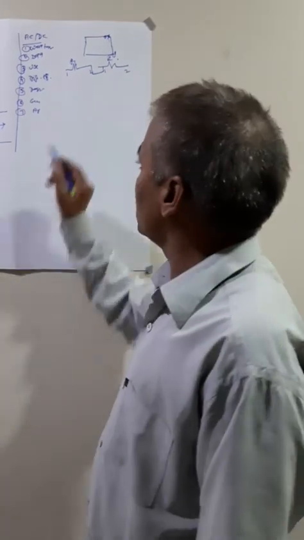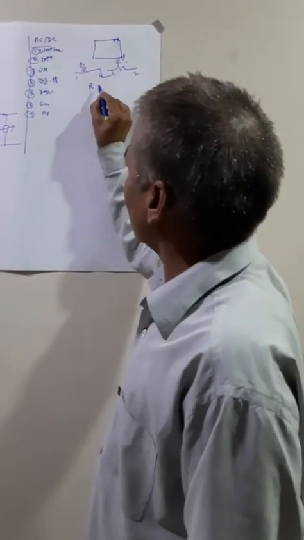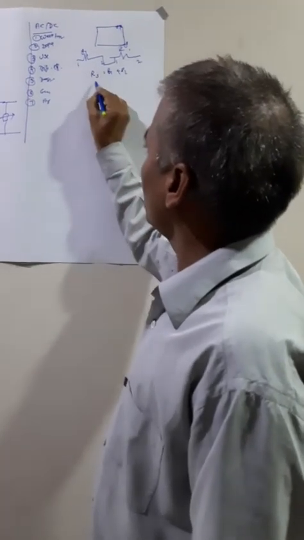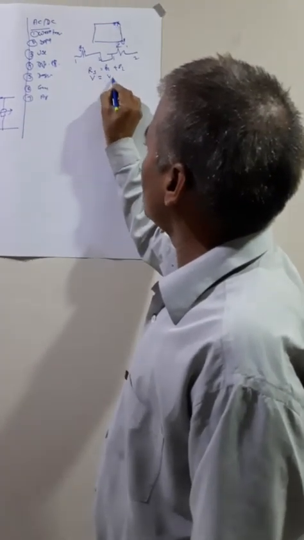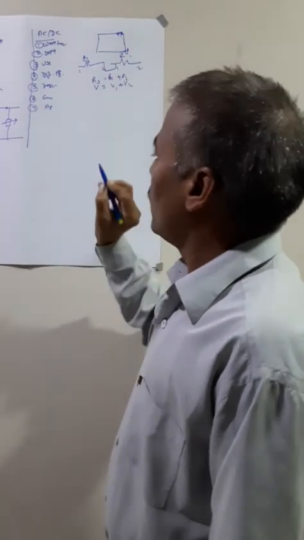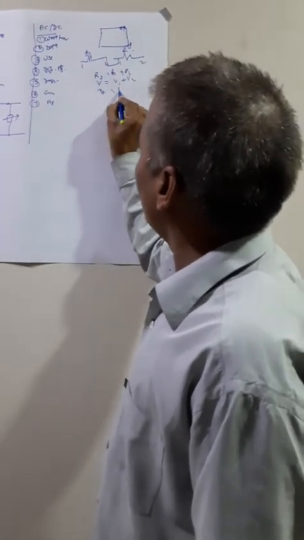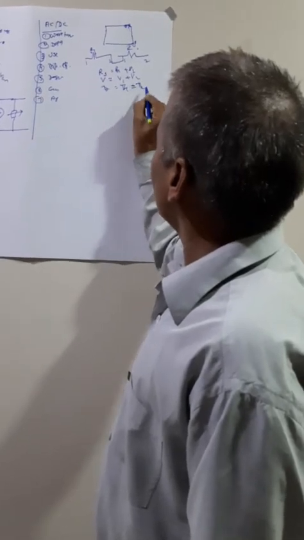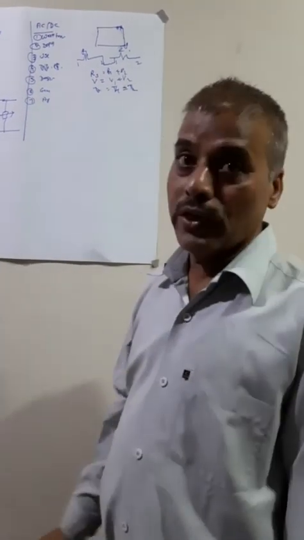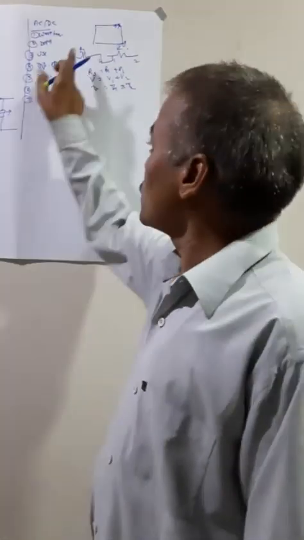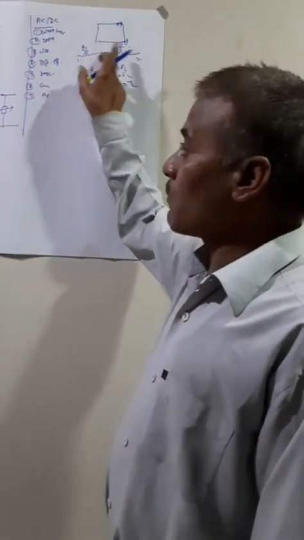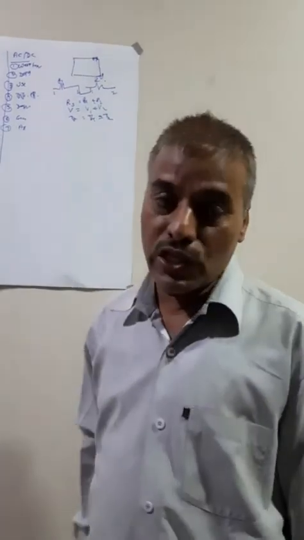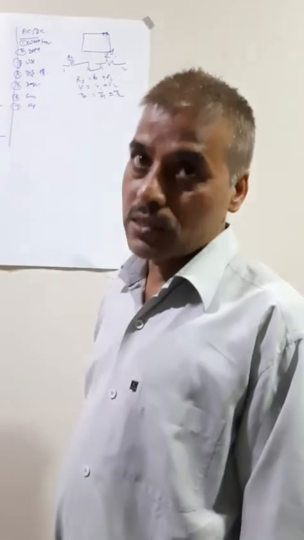So these three important relations: RS is equal to R1 plus R2, the equivalent resistance; total voltage V is equal to V1 plus V2; and I is equal to I1 is equal to I2. The current flowing through R1 and R2 is the same, the voltage is different, and the equivalent resistance is RS equal to R1 plus R2.